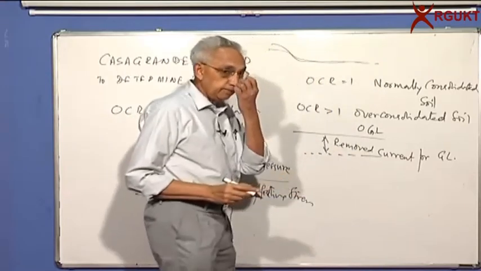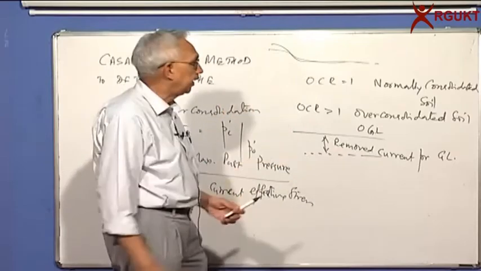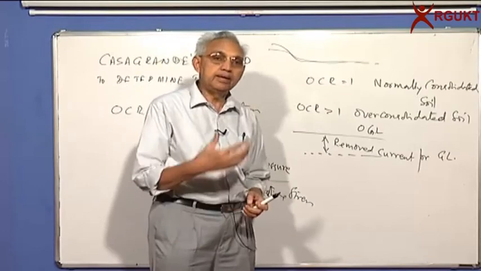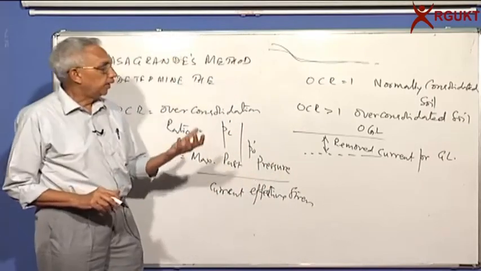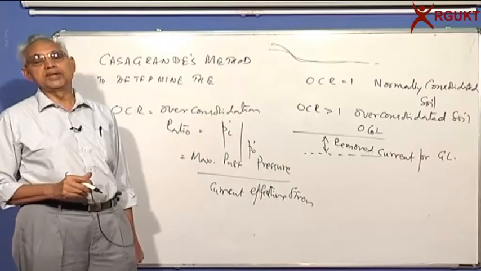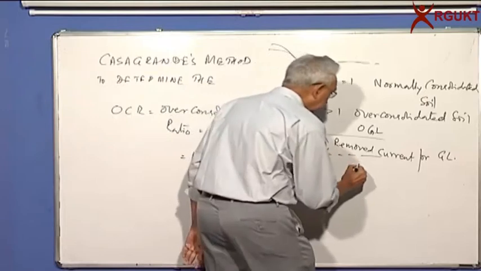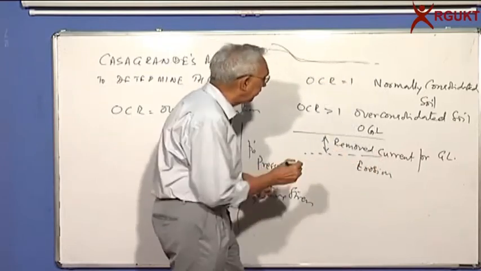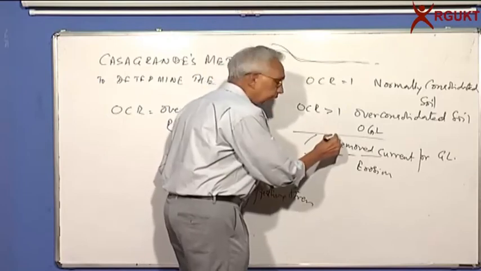Or look at the other way. That soil which has been below has been lifted, like in the Himalayas. There are different ways in which soil will generate a maximum past pressure more than the current one. Most often, of course, it is the erosion. If I am removing this amount of soil, it was subjected to ground level here.